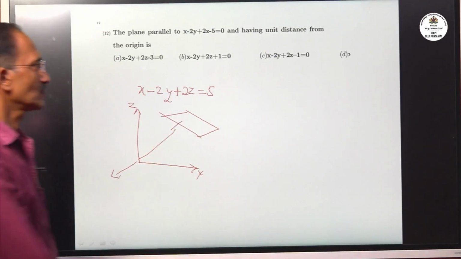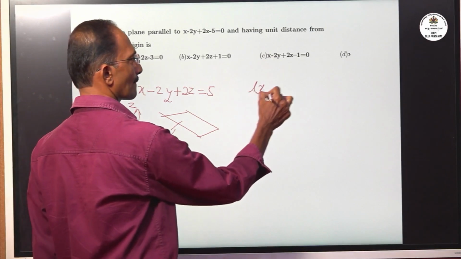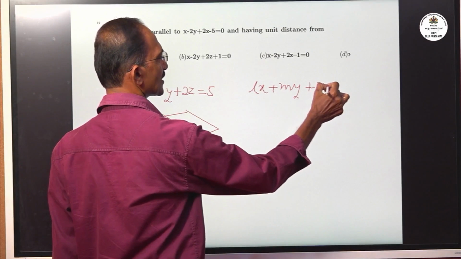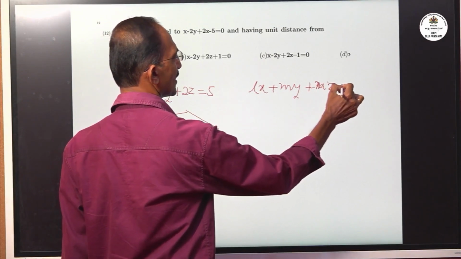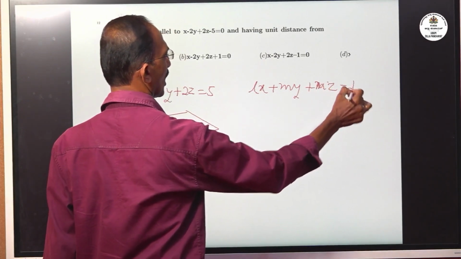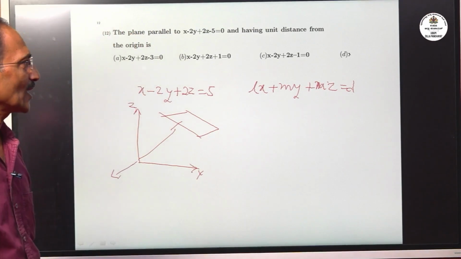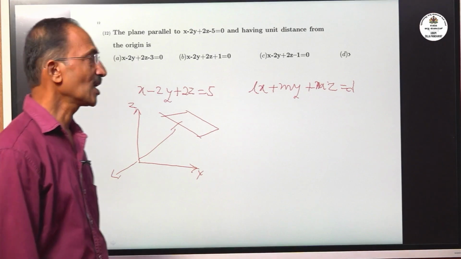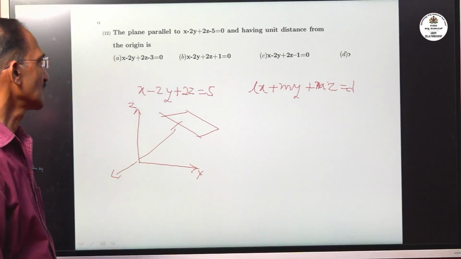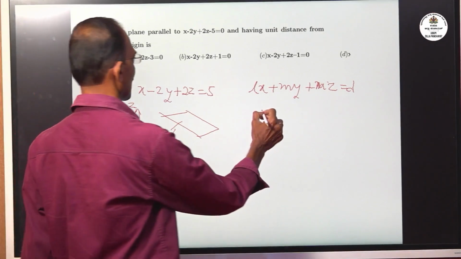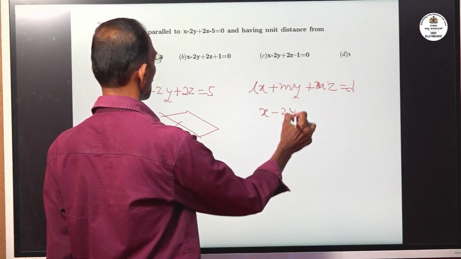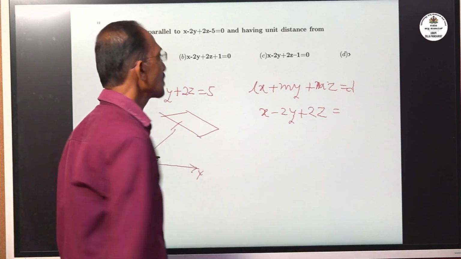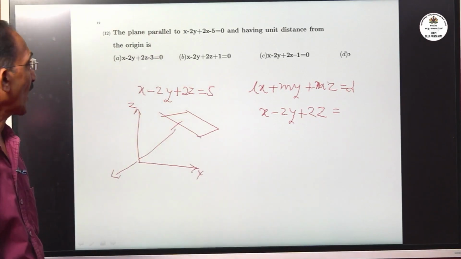So you know lx plus my plus nz equals the distance d, where l, m, n are the direction cosines of the normal to the plane. So you consider this same equation, x minus 2y plus 2z equals 5.